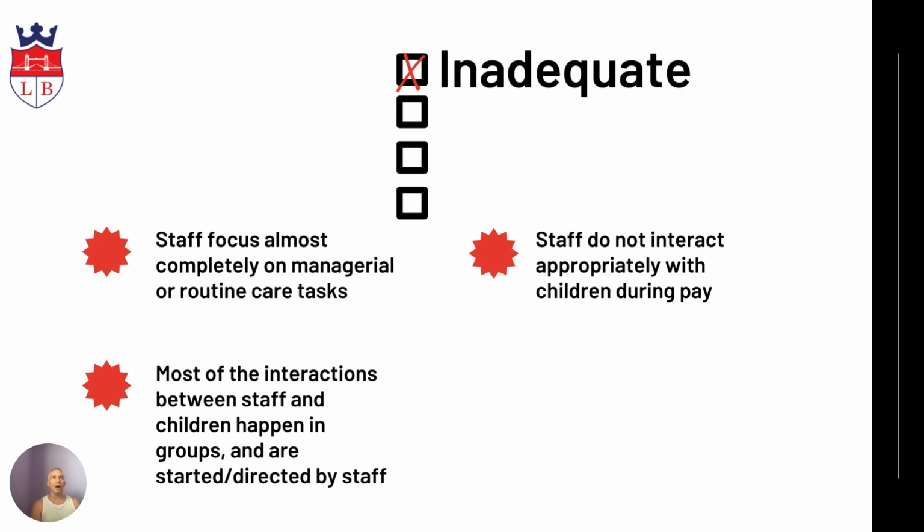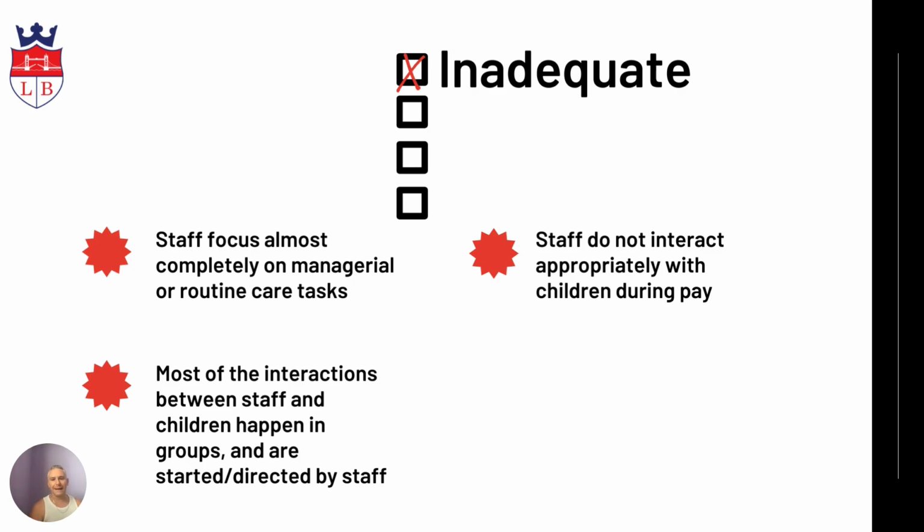Most interactions between staff and children happen in groups and are started or directed by staff. So rather than interactions during children's play where children can approach, you get involved, you ask questions, you extend their learning, throughout the morning or the afternoon, it's all about just addressing groups, either the whole group or groups at circle time, things like that, rather than individualized communication, support, supervision, scaffolding.